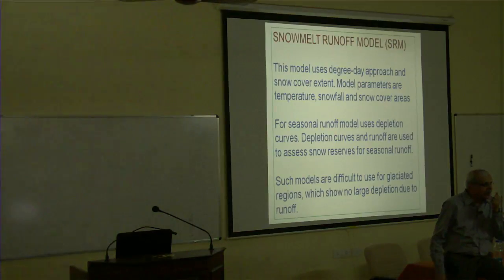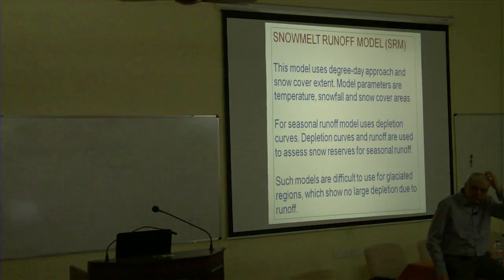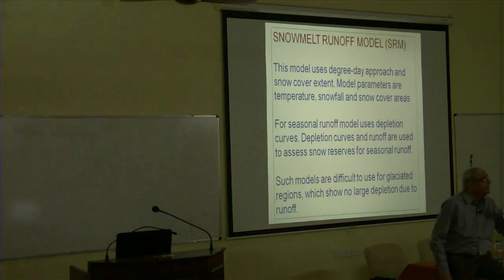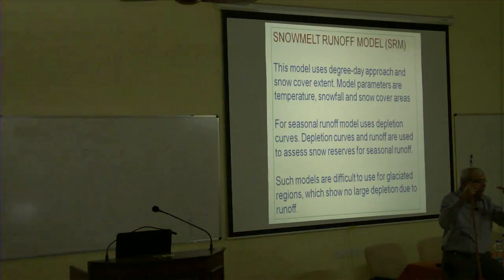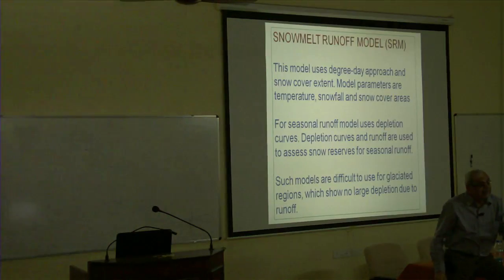Originally Rango's model was developed for a region which has no data. Therefore, they rely on the production of runoff based upon the depletion curve. So this amount of area is depleted, this much amount of runoff came. But the moment you go to the glaciated area, there is no depletion of area. And remember, glaciated terrain has an inverse relationship compared to the snow region. What does it mean?